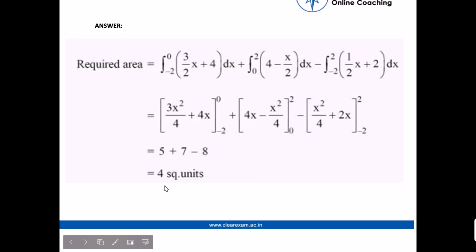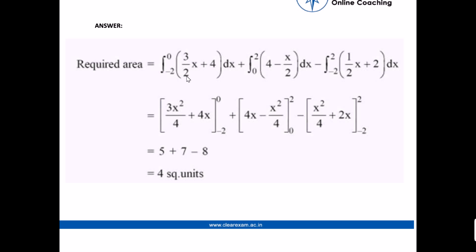So the required area will be integration from -2 to 0 of (3 by 2 x plus 4) dx, plus integration from 0 to 2 of (4 minus x by 2) dx, minus integration from -2 to 2 of (1 by 2 x plus 2) dx. So we just integrate the equations of the lines to get the area of the triangle.